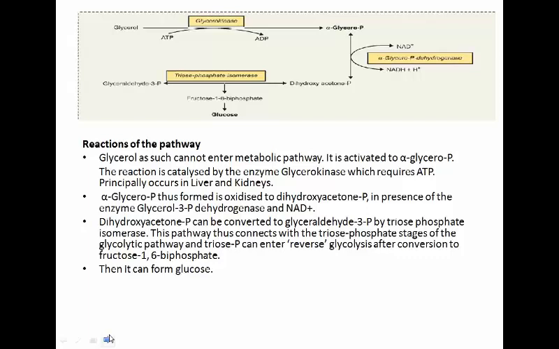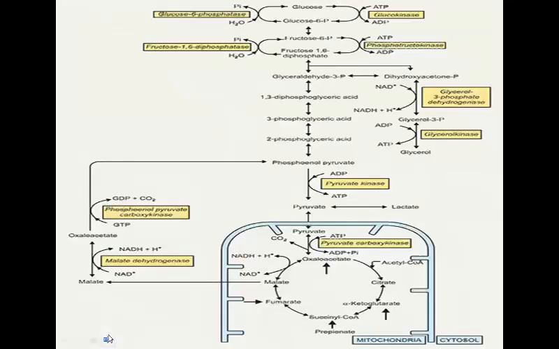Then this pathway connects to the triose phosphate stage of the glycolytic pathway, and triose phosphate can enter the reversal of glycolysis after conversion to fructose 1,6-bisphosphate, which you also saw in the process of glycolysis, and then ultimately glucose formation occurs.